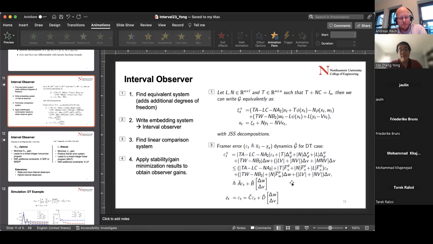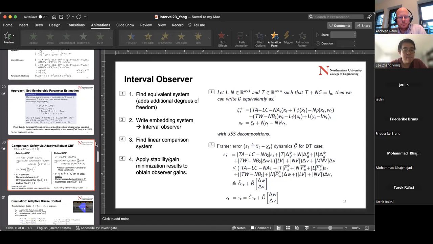Basically we find the comparison system first and then we do the H infinity gain. It's a suboptimal solution. Yes, this is a suboptimal solution. You are right, it's not the true nonlinear system that we are doing it for. Okay, and the second one is a small question also, for slide 30.